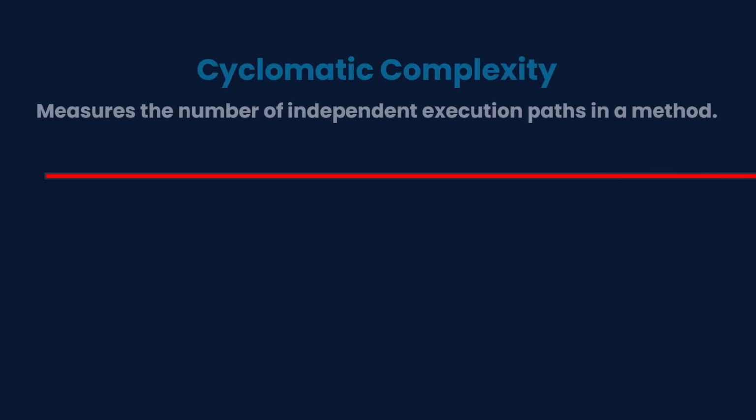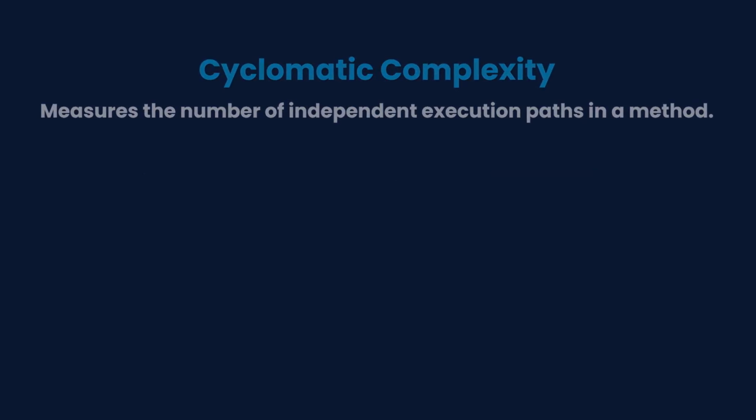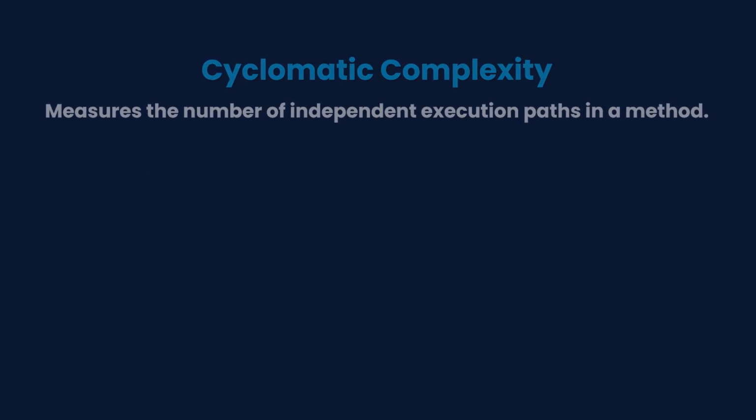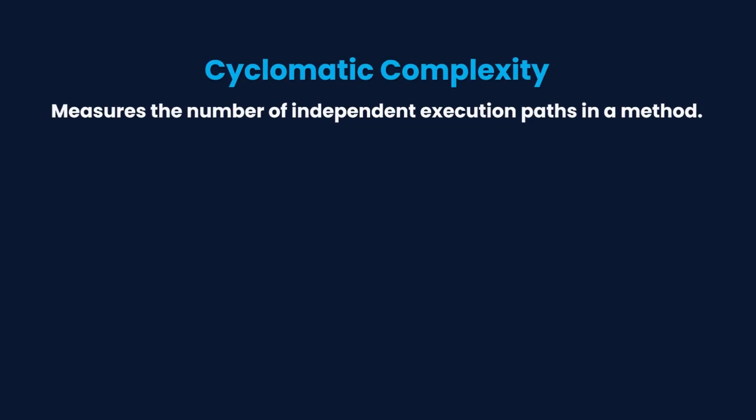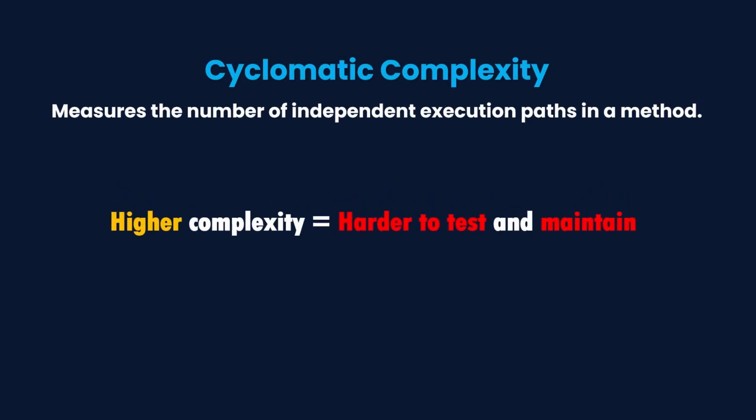Let's see what is cyclomatic complexity. Cyclomatic complexity measures the number of independent execution paths in a method. It has a formula: complexity is defined by if statements, loops, case statements, and catch blocks, plus 1. Higher complexity means harder to test and maintain.